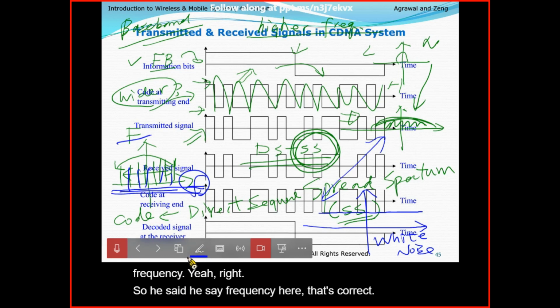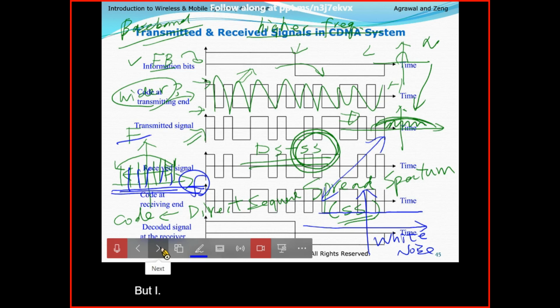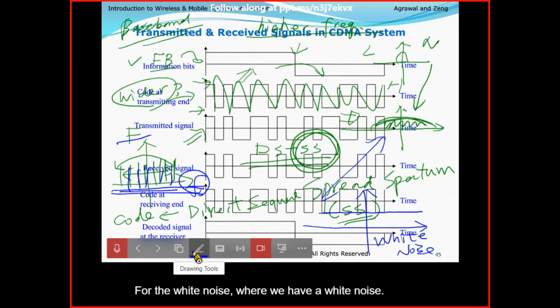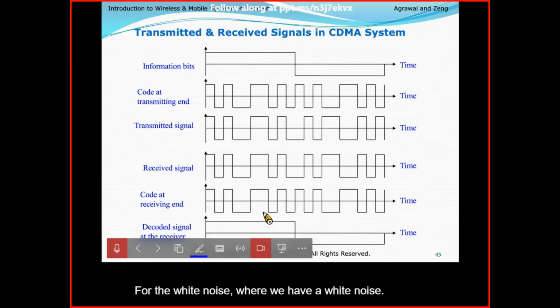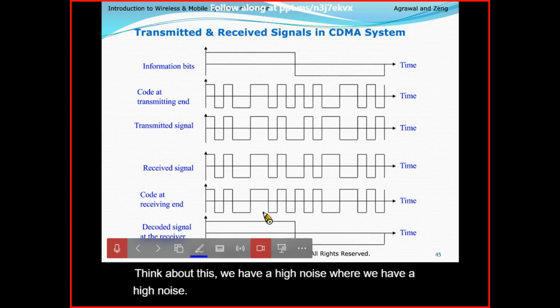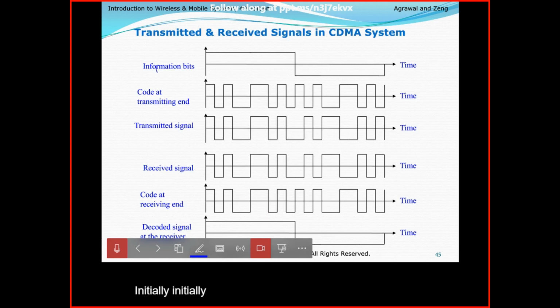But I mentioned, for the white noise, think about this. Where do we have a white noise? Initially we have a frequency band here through the codes, and then we have a frequency band like this.